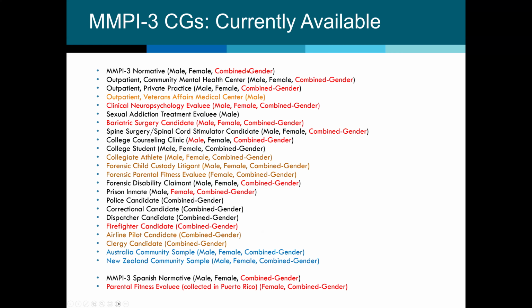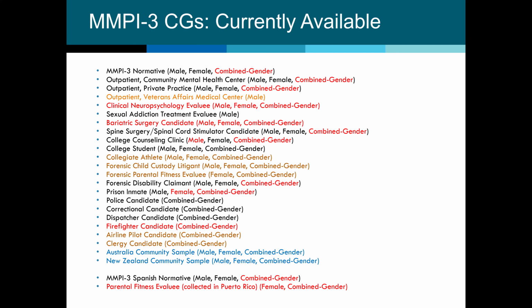And what you can see is that for many of our samples, we've added combined gender comparison groups. This was done in order to make it possible to use comparison groups without specifying gender, because of course some individuals are non-binary and do not identify as men or as women. And in those instances, it's now possible to use the combined gender comparison groups that are available for most of our settings.